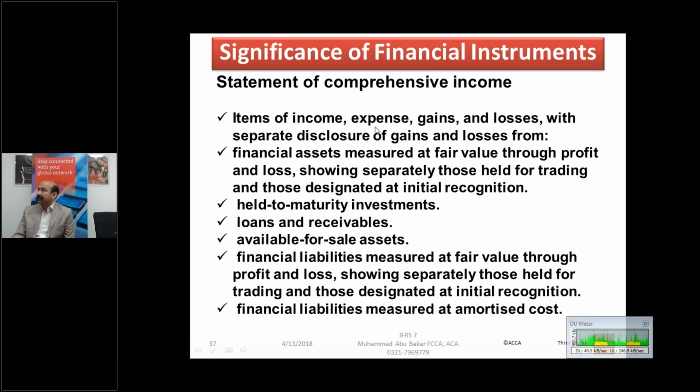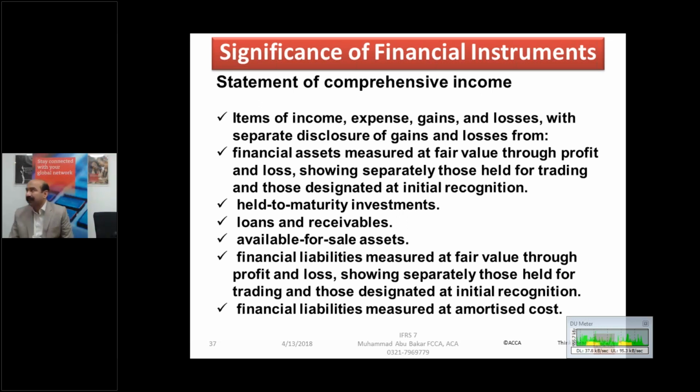of income, expense, gains, losses with separate disclosures of gains and losses from financial assets measured at fair value through profit and loss, and showing separately those held for trading and those designated at initial recognition, held to maturity investments, loans and receivables, available for sale.